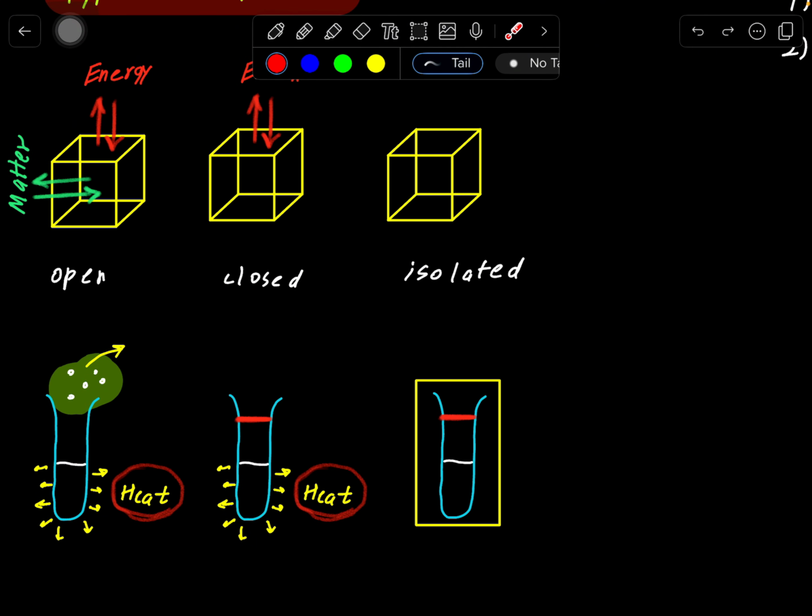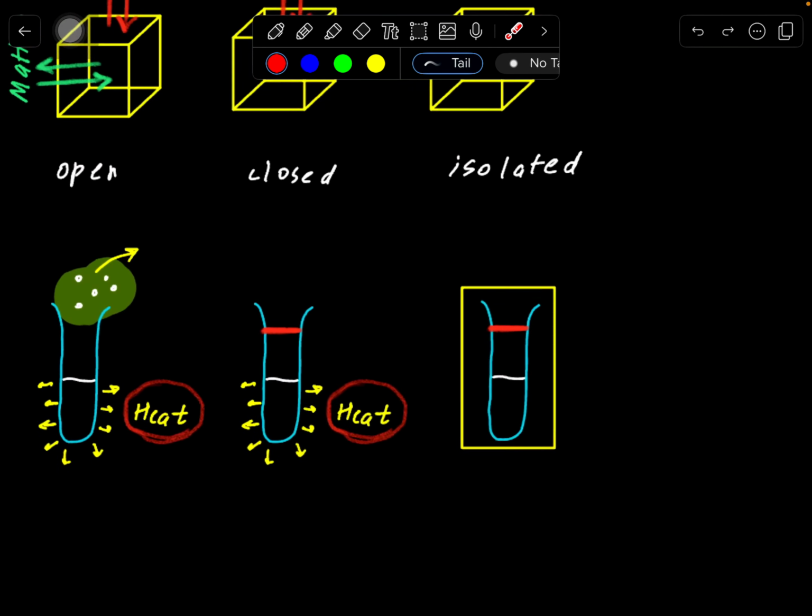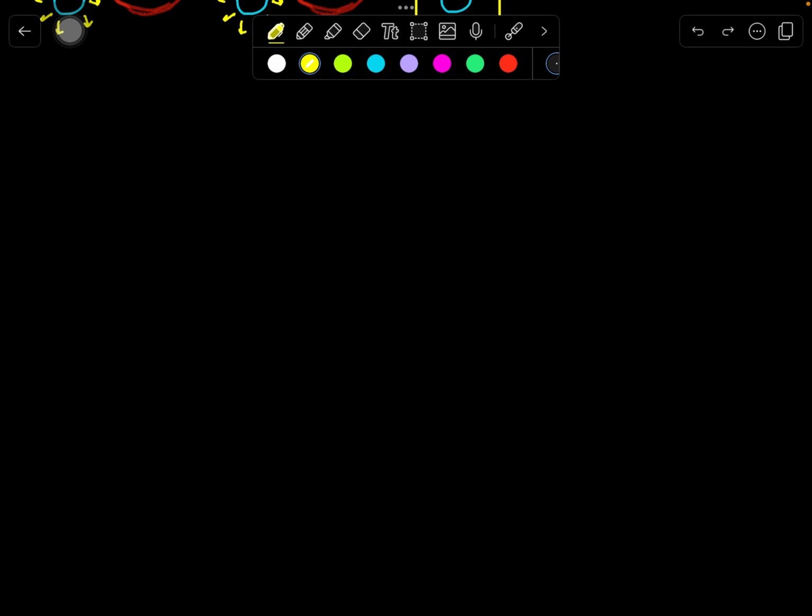Now that we have a solid understanding of what a system is, we can move on to the concept of energy. Energy is the capacity to do work.